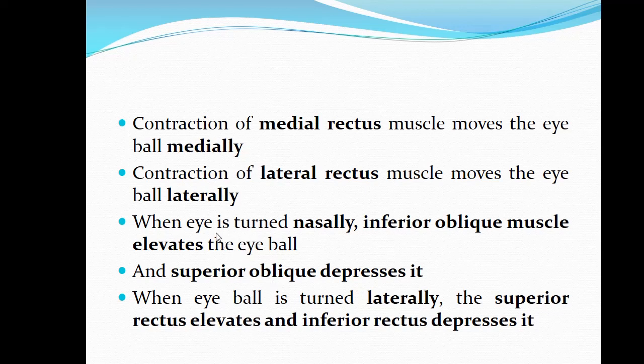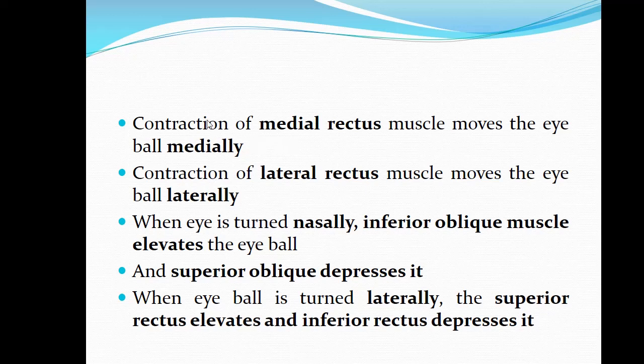If there is contraction of the medial rectus muscle, the eyeball moves medially, and when the medial rectus muscle contracts, the lateral rectus muscle will be relaxed, which is the basis of reciprocal innervation that we just discussed.